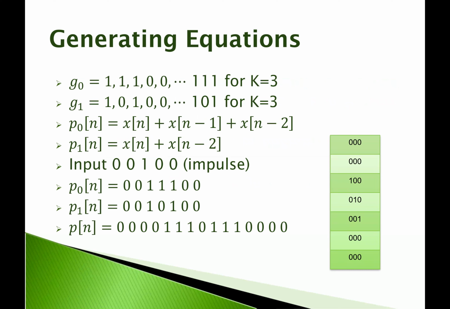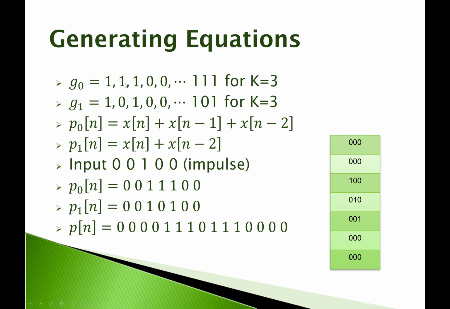So we can look at this mathematically for our generating equations. So g sub 0, this is a very common code for k equals 3, where we'll have a parity check that's composed of the current input sample, the immediately previous one, and the one before that, and then no effects, multiplying by 0.